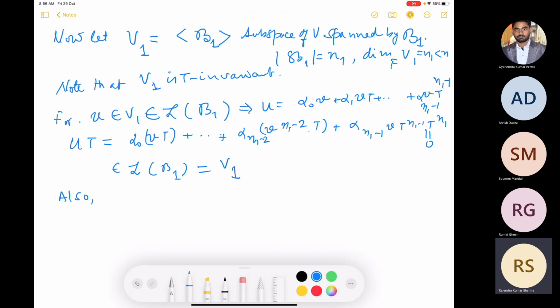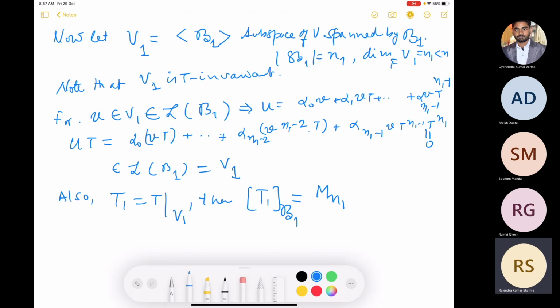Also, you can see that if T1 is the restriction of T on V1, then the matrix of T1 with respect to the ordered basis B1 is actually M n1.